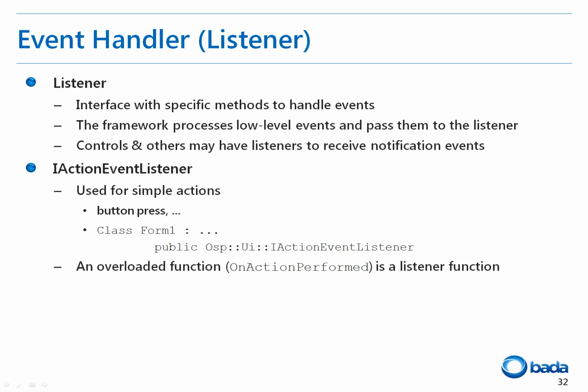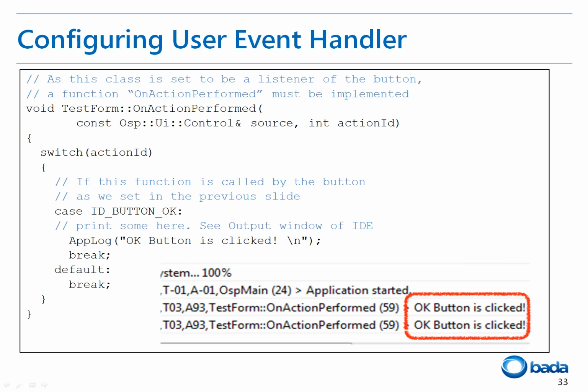IActionEventListener is an interface to handle control-specific actions, such as buttons being pressed. It has the event handler OnActionPerformed associated with it. Now, let's check the OnActionPerformed method in our template code. The action ID was set as ID_BUTTON_OK in OnInitializing.